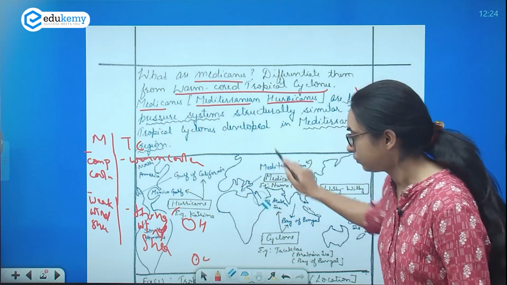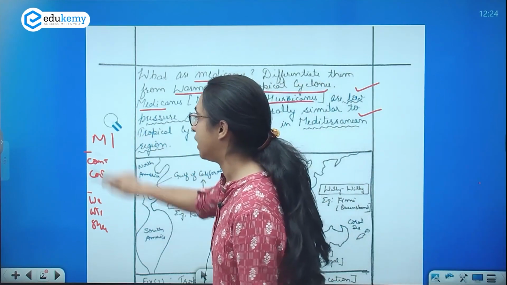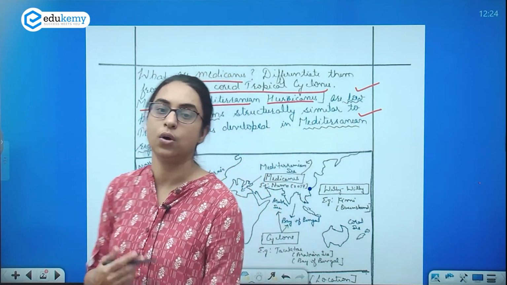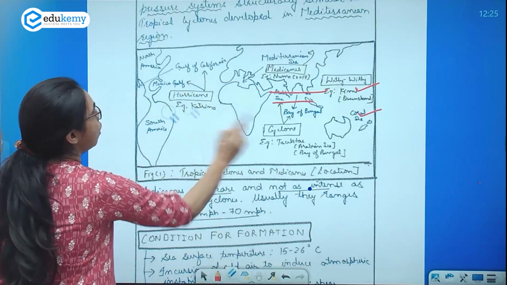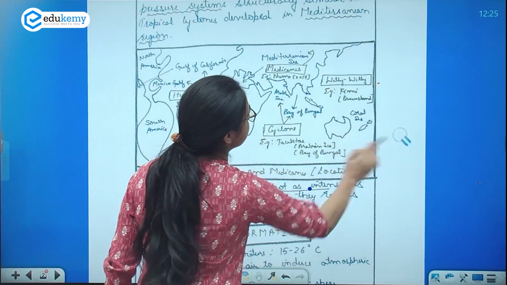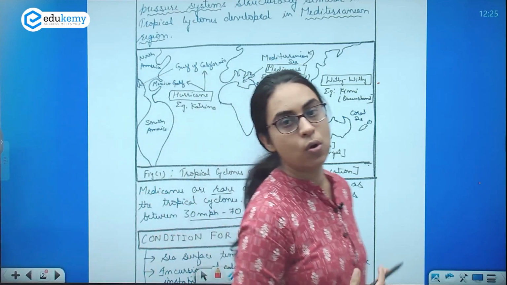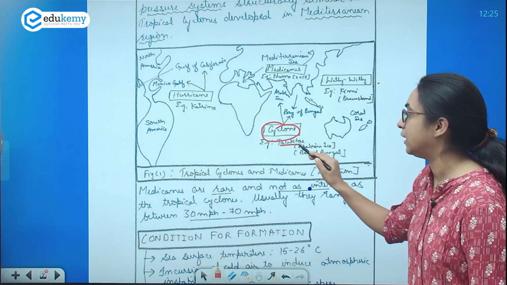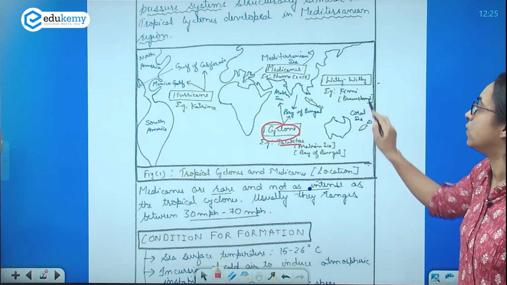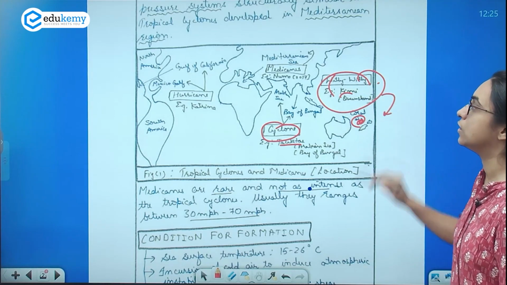Here, in geography answers, after the introduction, there should be your diagram. So what is the diagram that you can draw? You can show the regions of tropical cyclones. Draw a world map and show where cyclones occur. You can write an example like Tauktae. Then near Australia you will have Willy Willy, near Queensland.